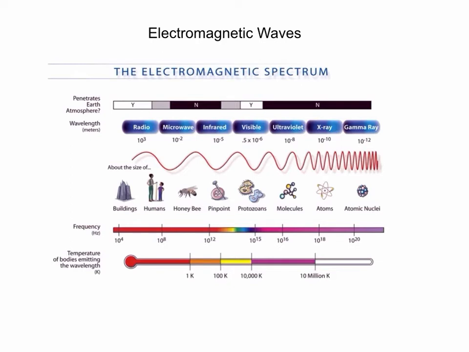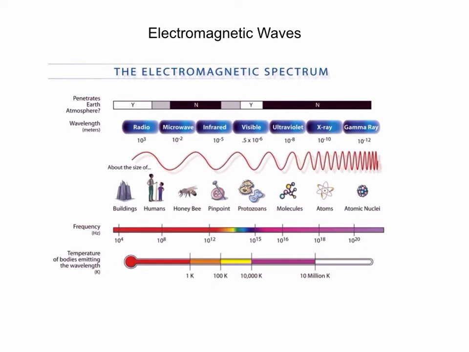If we keep going higher in energy, we get infrared waves, and these waves have a slightly shorter wavelength and usually are associated with carrying heat. So heat lamps tend to give off infrared radiation.